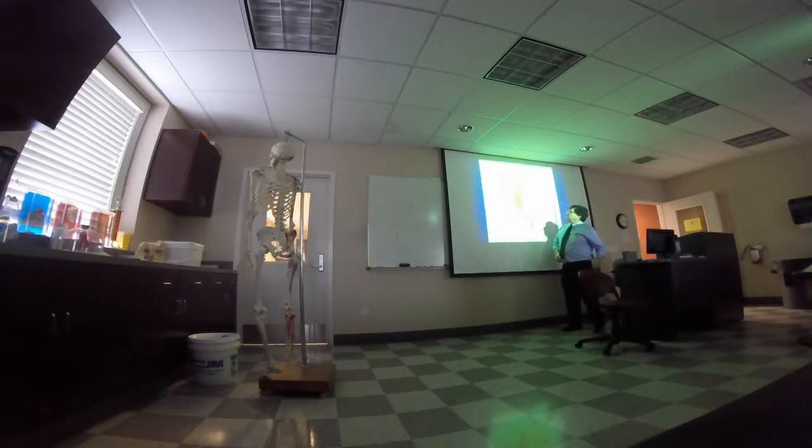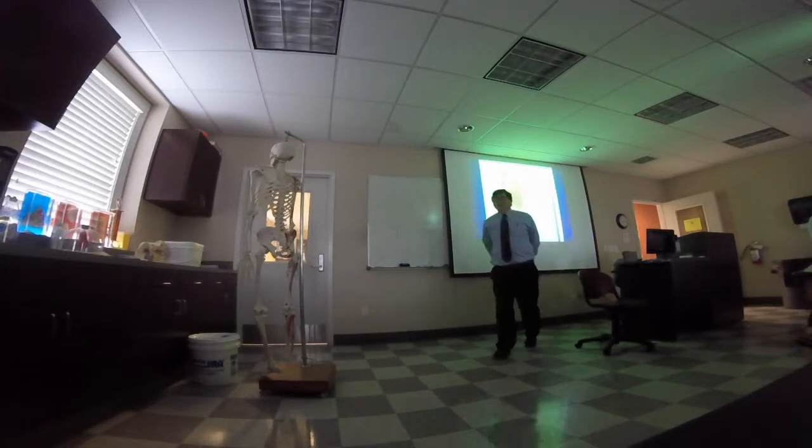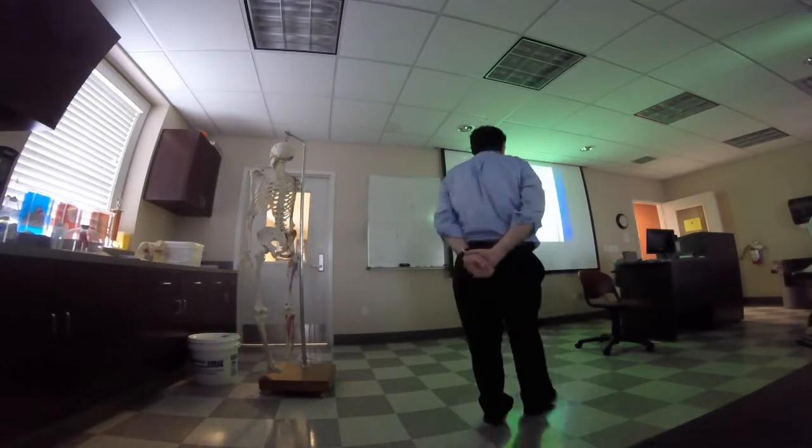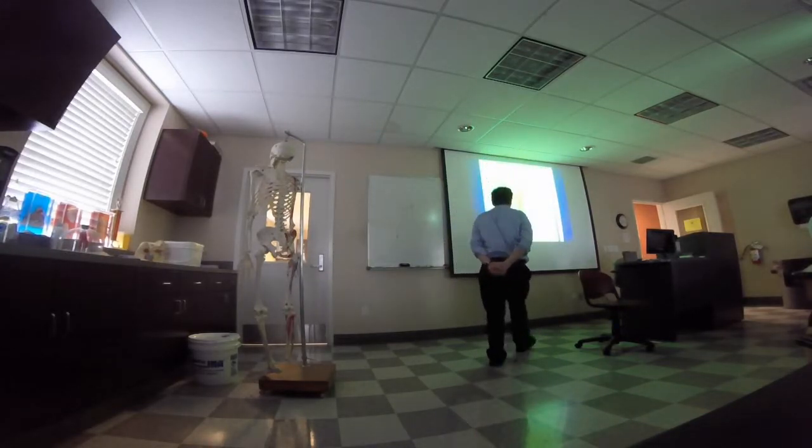The accessory muscles of expiration are the internal intercostals. These muscles typically sit deep to the external intercostals, and their fibers run in the opposite direction.